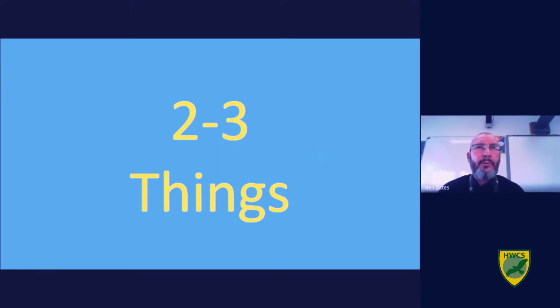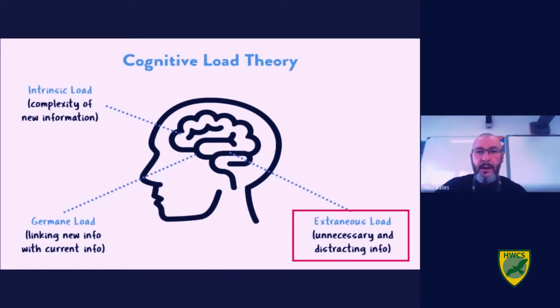And they are probably the things that we've identified on our long and medium term plans and things that perhaps we've identified in our knowledge organisers. So that was last week. Last time was the extraneous load being reduced, taking out the unnecessary and distracting information.